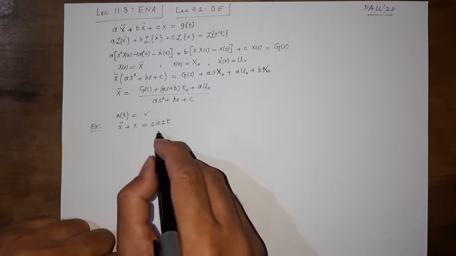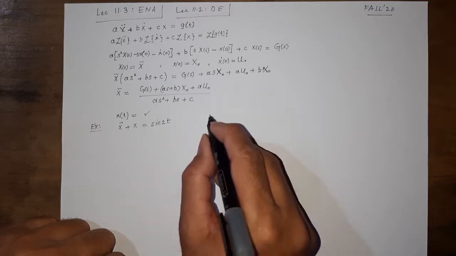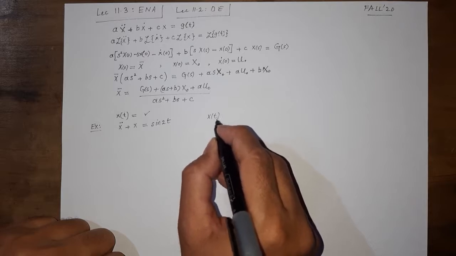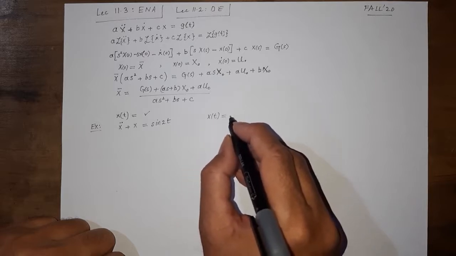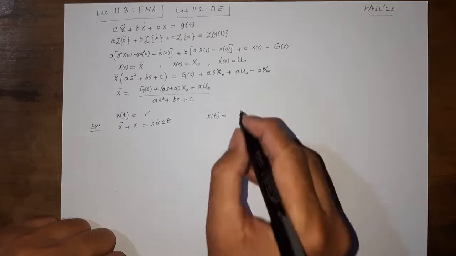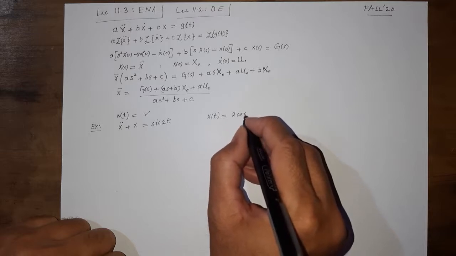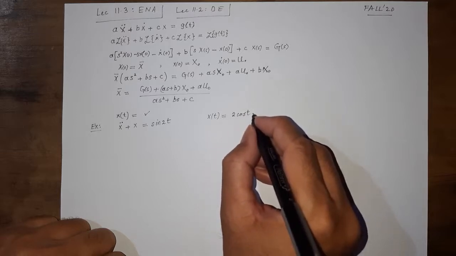But they should actually pause the video and try to solve this first and come up with the exact expression. Okay, let me tell you the answer by the way, so that if you are really trying to solve for it, you should be able to verify and understand the answer.